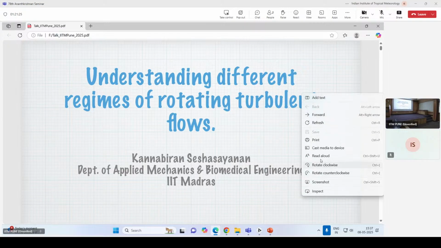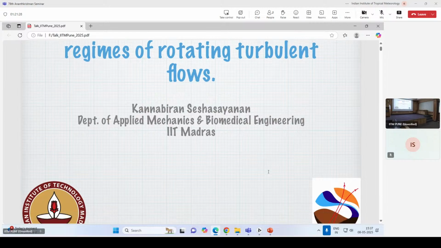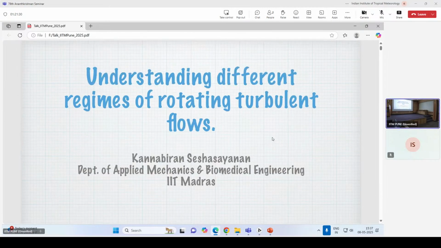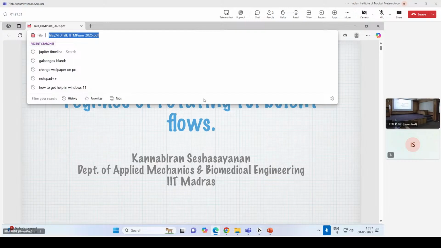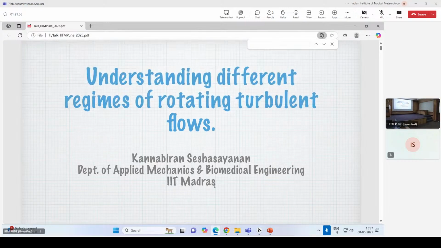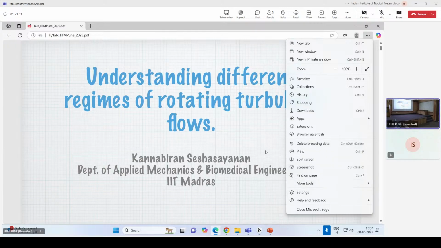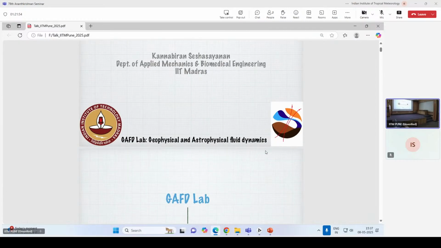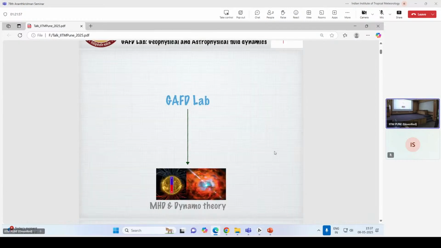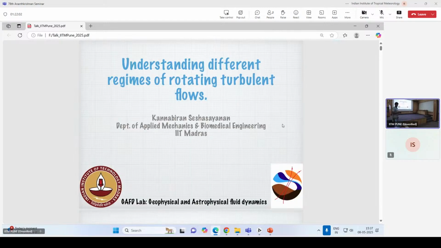How do I say... Control L. Oh no, that's search, right? No, I guess it's open in the browser. So how do I get split screen? I'm not familiar with Windows. Zoomed out, is it? I just hope. Yeah, I think this seems more or less fine. I think I can manage with this.